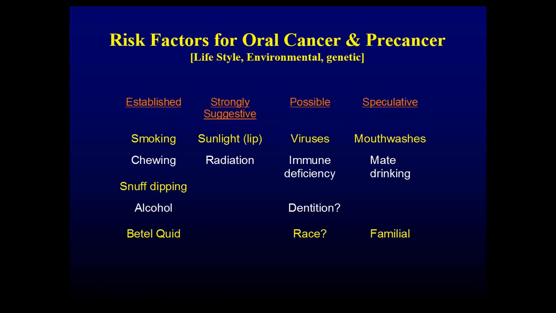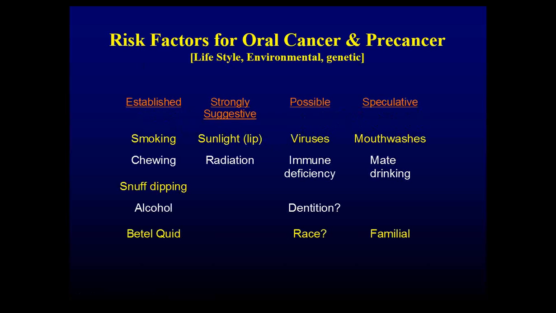Alcohol, another known risk factor, causes oral cancer, and then we have betel quid or areca nut, which contributes to the main bulk of oral cancer among the subcontinent countries. There has been mixed evidence about the role of viruses, especially human papilloma virus, in recent years, and its association with oropharyngeal cancer.